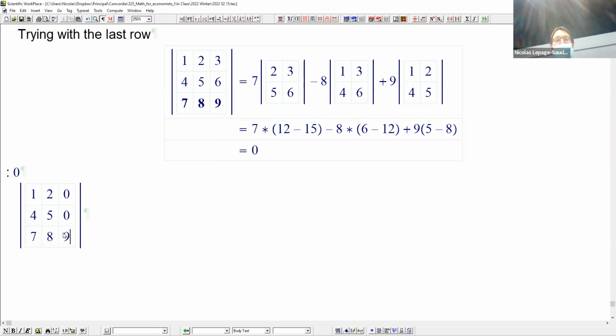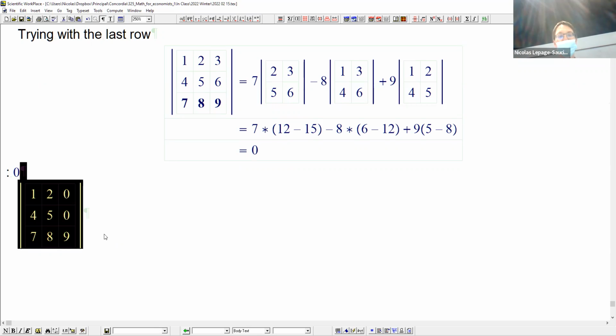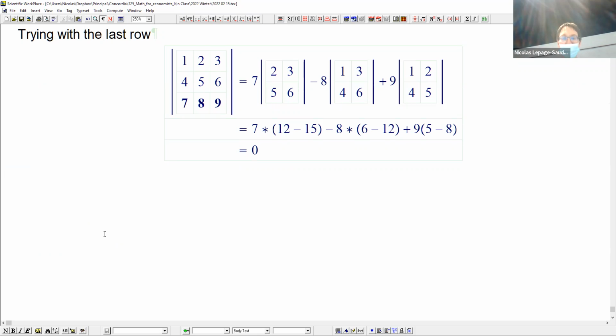So you save a lot of time by just having to compute 9 multiplied by the determinant of this submatrix. So that's very easy. So be smart in choosing your rows or columns. Otherwise, it takes more. Okay.